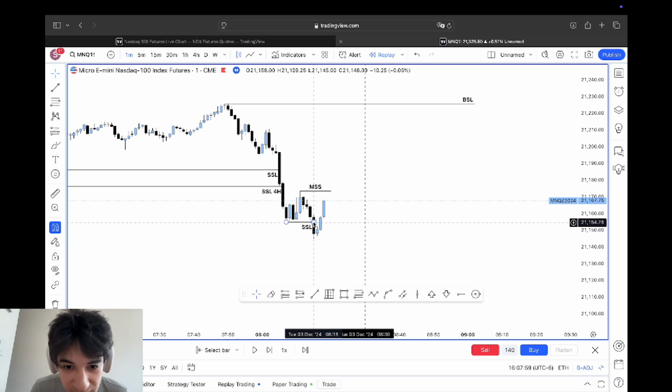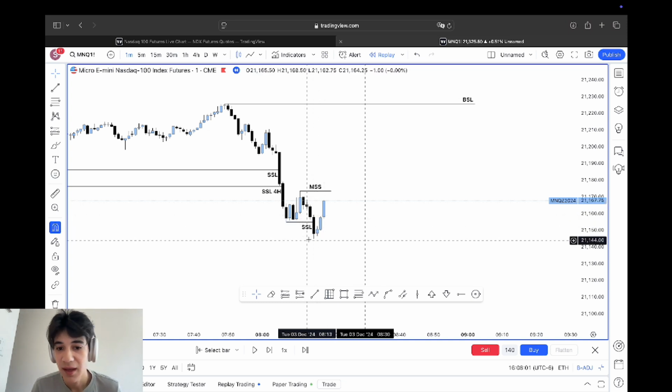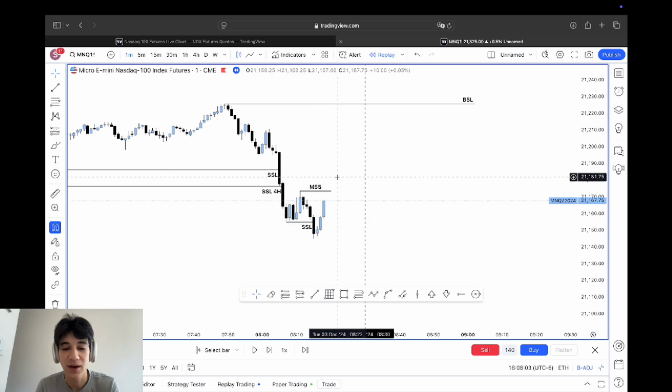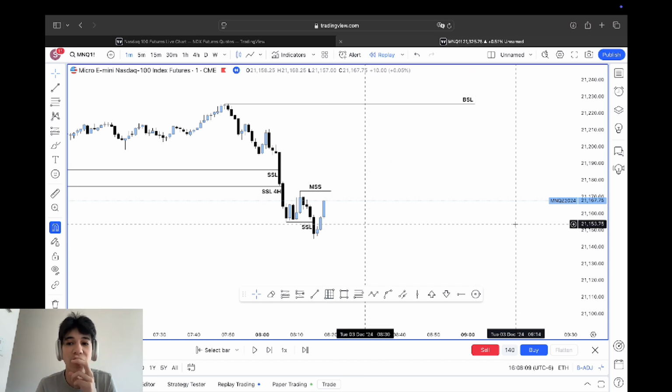For example, if I were to take this inverse fair value gap, I'm gonna just let y'all know I probably would have won, but it still would have been a very bad trade. And I follow a lot of inverse fair value gap traders that think they're onto actual liquid gold.